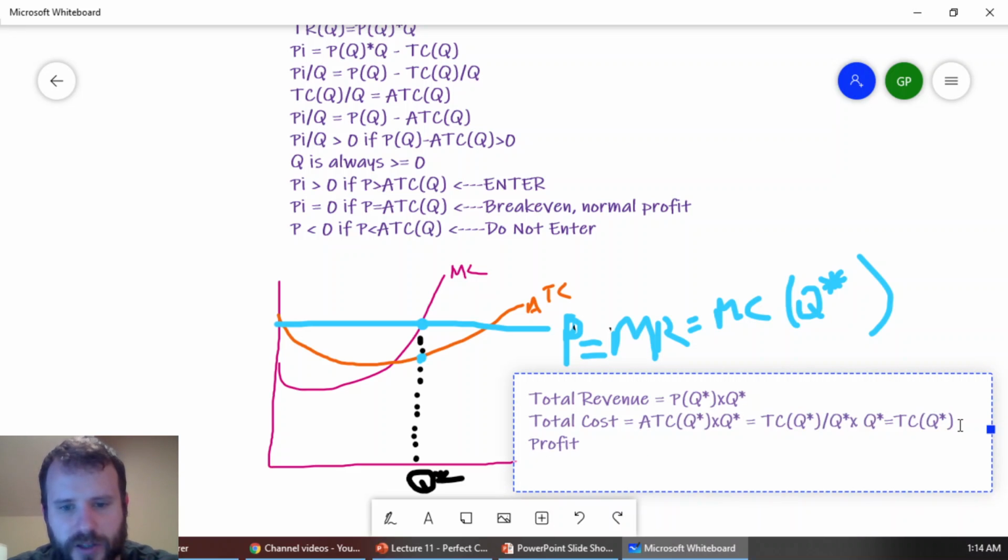And your profit equals P of Q star minus average total cost of Q star, that whole thing times Q star. Okay.